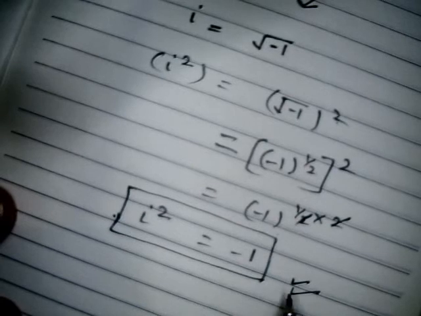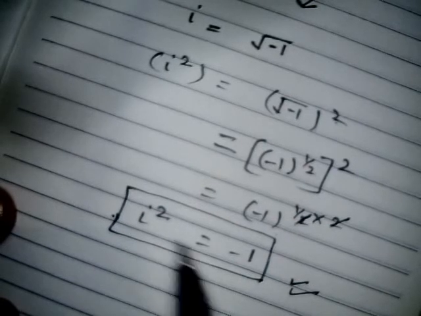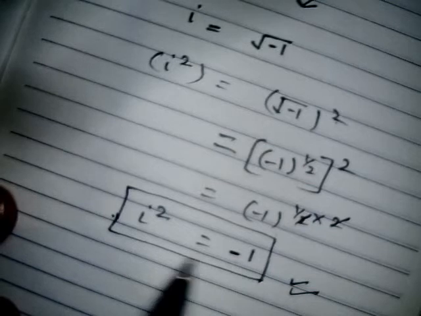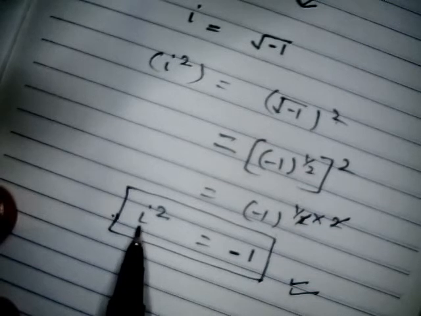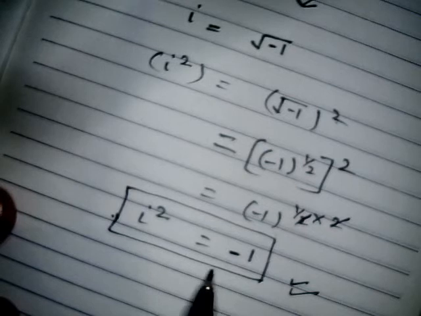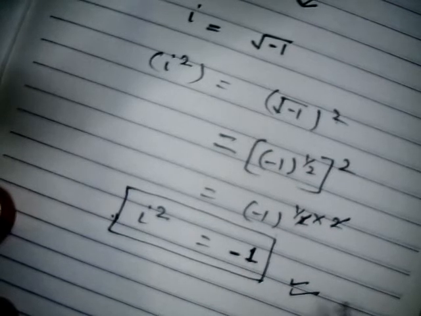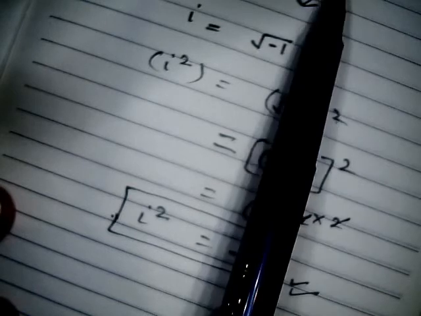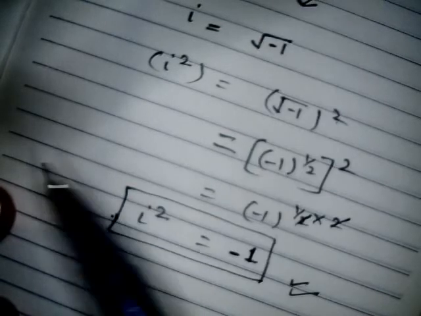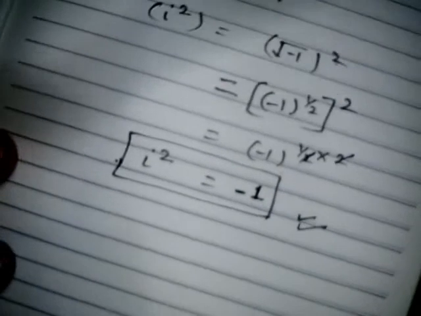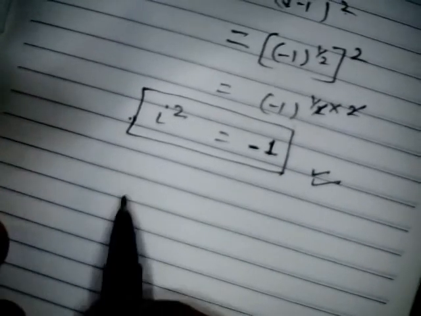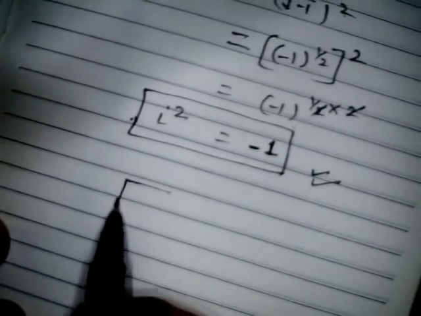Whenever we are solving a question and this term i square comes, we need to replace it by -1. Okay, now the question is why we are using this complex number and how it has come into existence. Suppose root 16 is given. If I say find the square root, directly you can say 4.